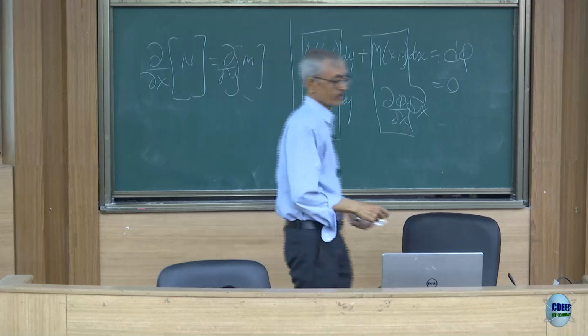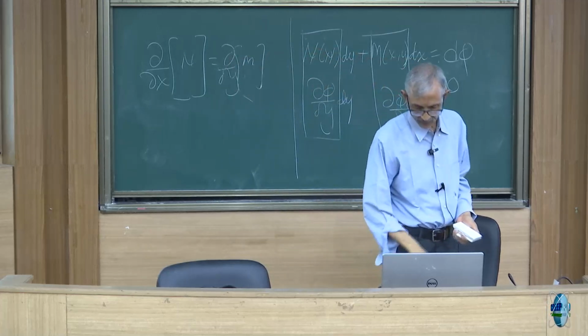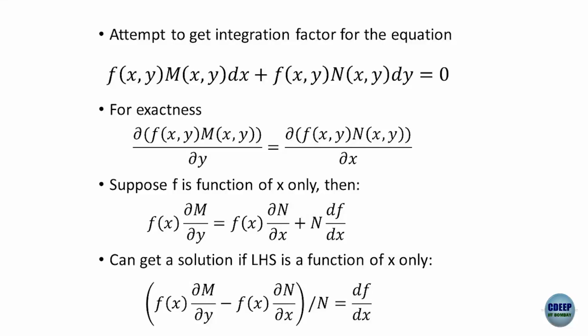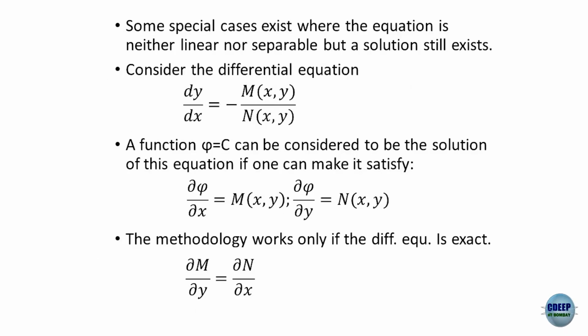Now many times this is not going to happen, and we use what is called an integrating factor. Sometimes, of course, this is something which may or may not work out. So we start with, once again, the same equation, which is dy/dx is equal to minus of m by n.